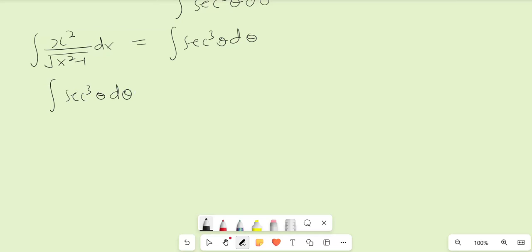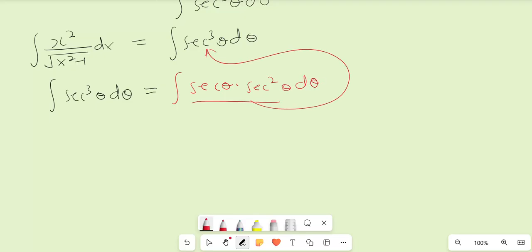How do we do this? We can do this by further splitting the integral of secant cubed into secant theta times secant squared theta d theta. We multiply this out, and we are getting back secant to the third power of theta. The reason why we are splitting this is we want to use integration by parts.